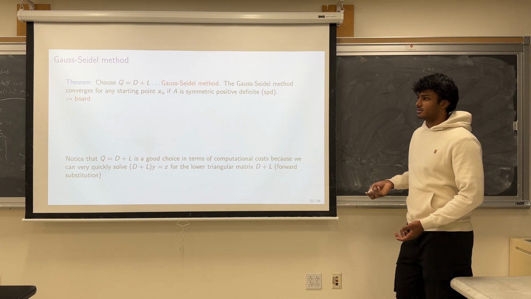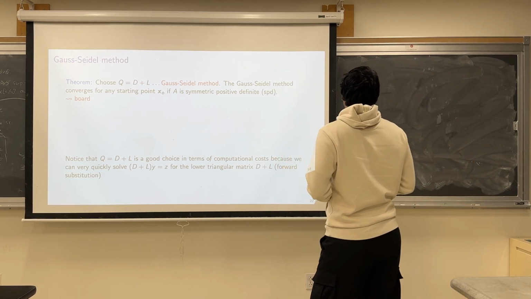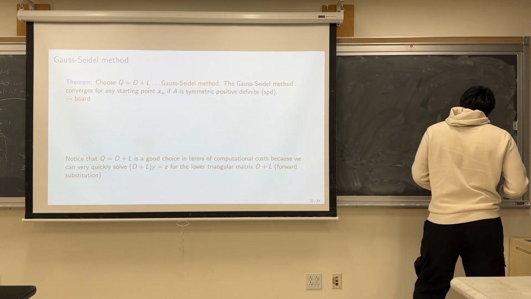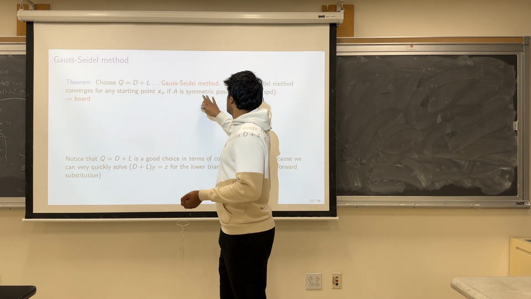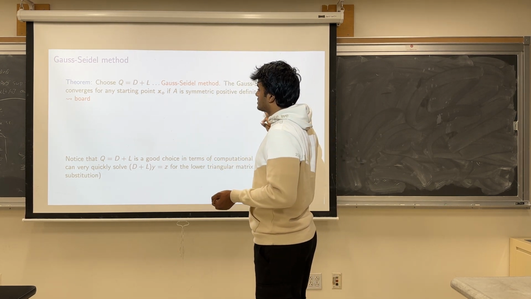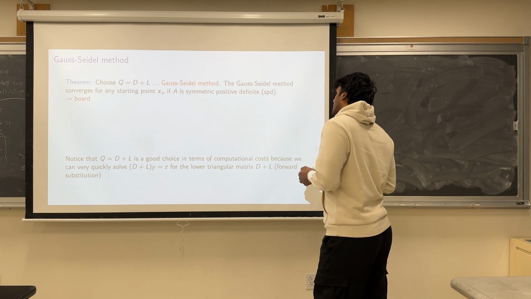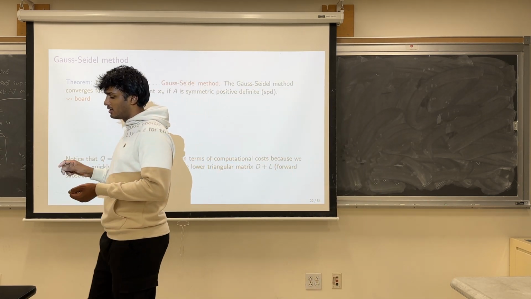We don't want to solve Ax equals b properly. And if you're only going to get to machine precision, might as well just do iterative methods. So if A is symmetric positive definite, the Gauss Seidel method converges from any starting point. And Gauss Seidel is choosing D plus L, the diagonal part and the L part.